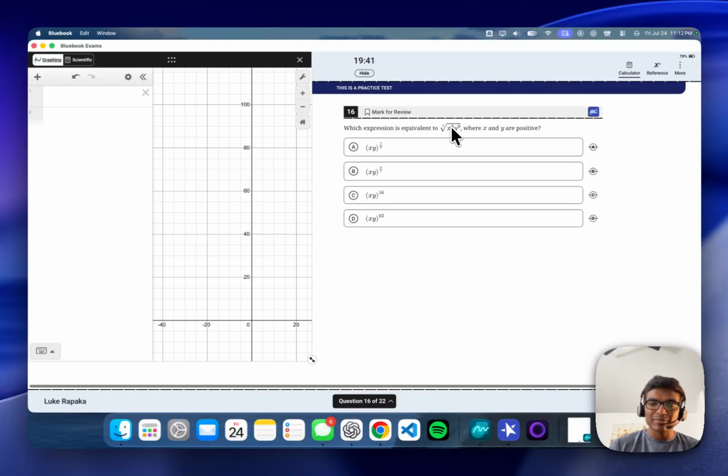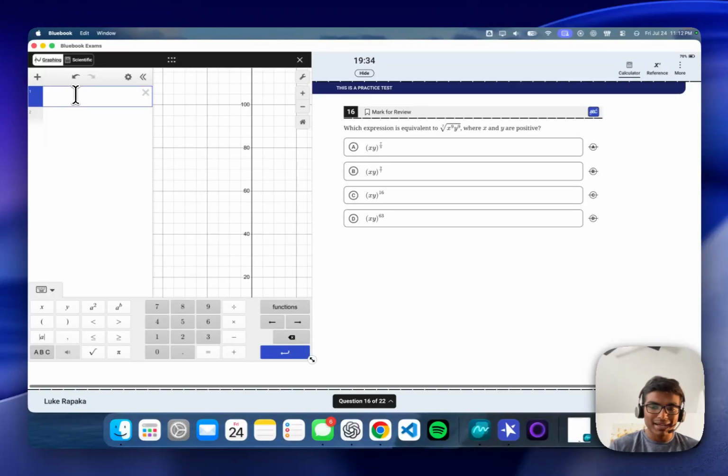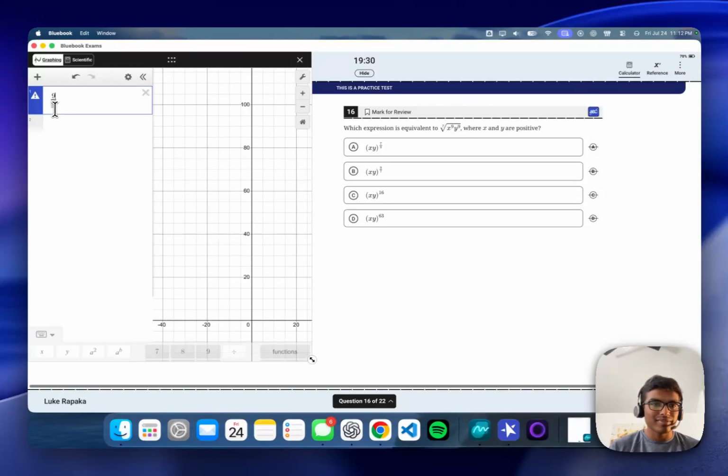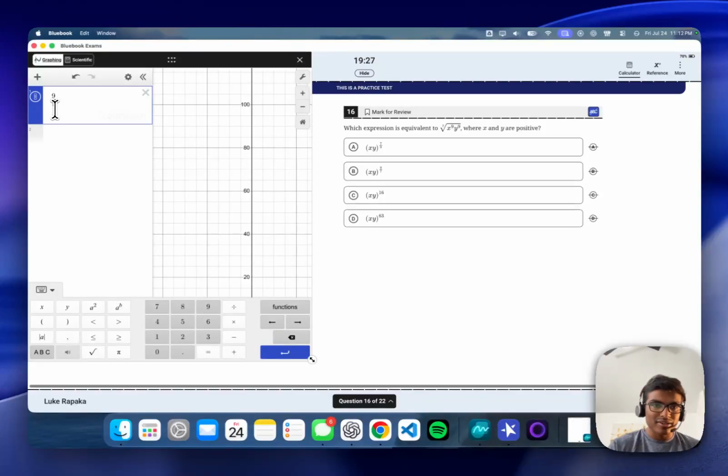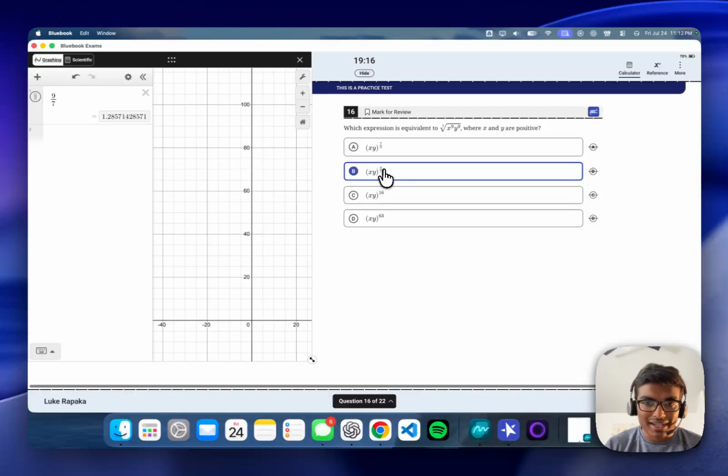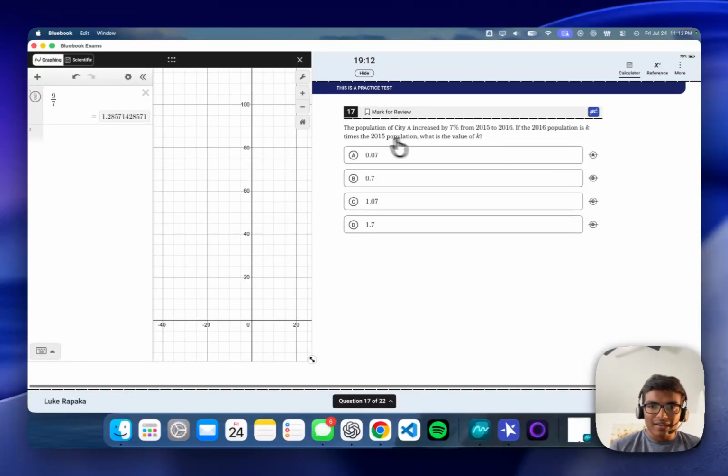We see that the power of both x and y is 9, and the index is 7. Since they're both raised to the 9th power and then we take the 7th root, we can just use that as our exponent: xy to the power over index, 9 over 7. That's our answer.